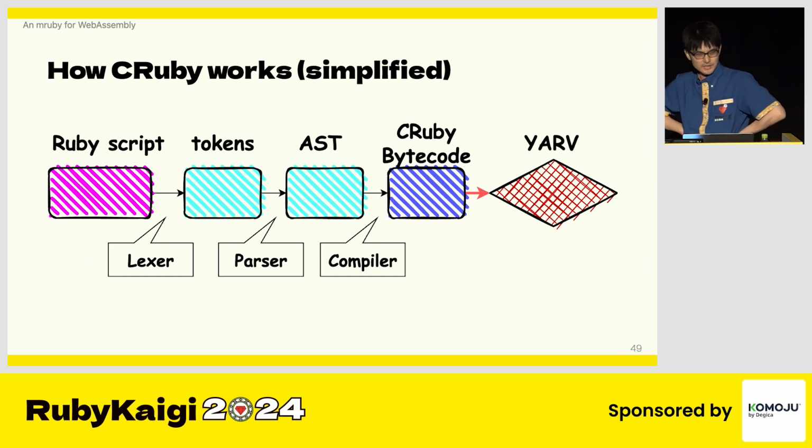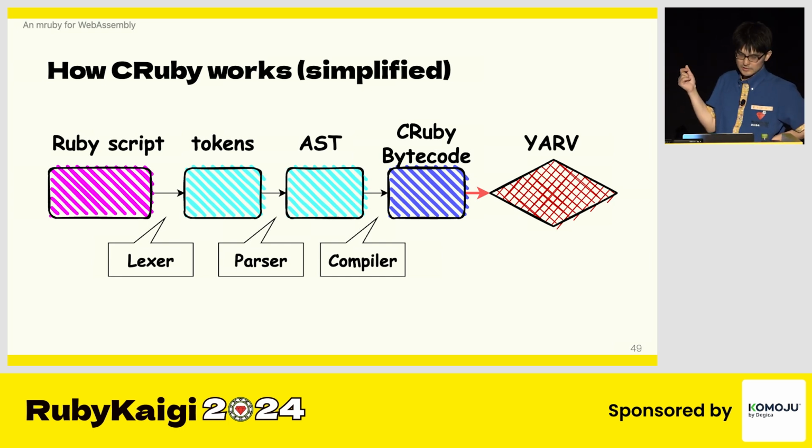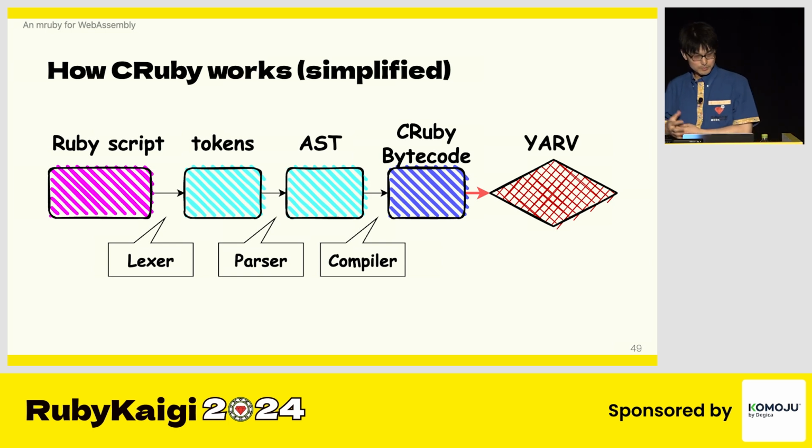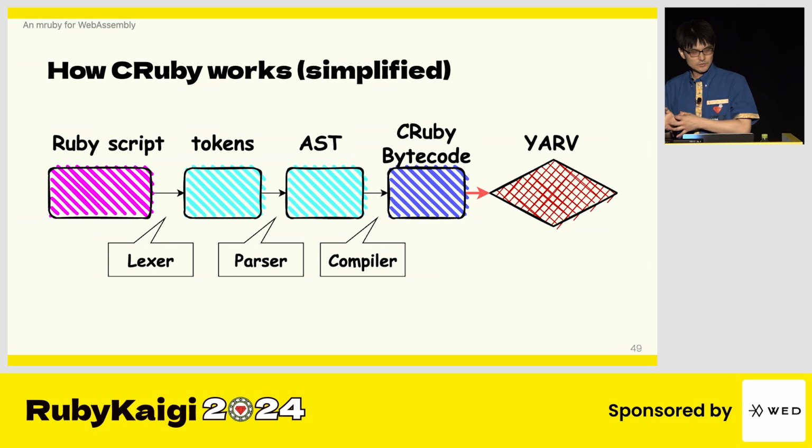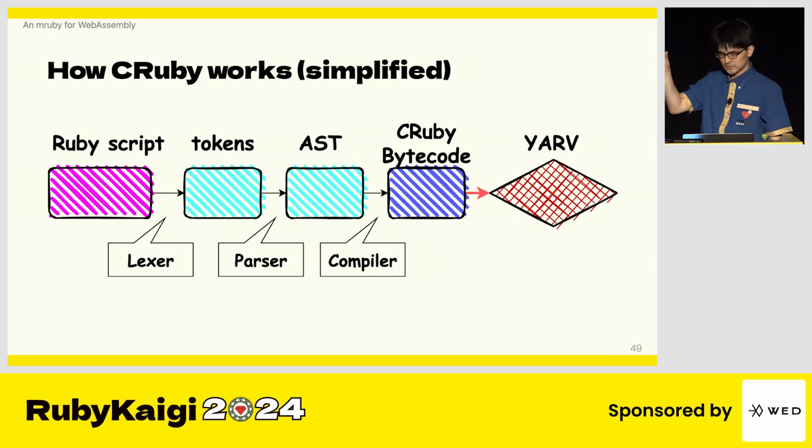This is how Ruby works. When you pass a Ruby script into the Ruby binary, the lexer chops it into tokens, the parser turns it into an AST, the compiler makes this into bytecode, and then YARV evaluates the bytecode, and the program works.